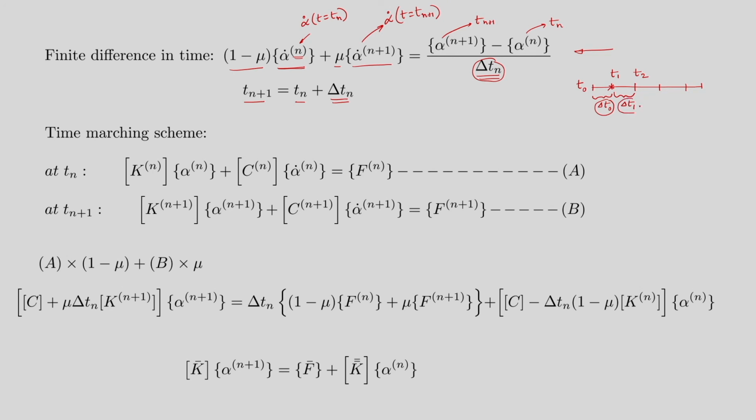This is the next time step. So, with the solution known at time instant t n, we will find the solution at time t equal to t n plus 1, by taking a time step delta t n. That is the meaning of this, alright. This is the time step, this is the instant t n where we already know the solution, and this is the time instant where we want to find the solution, alright. That is how we will proceed.